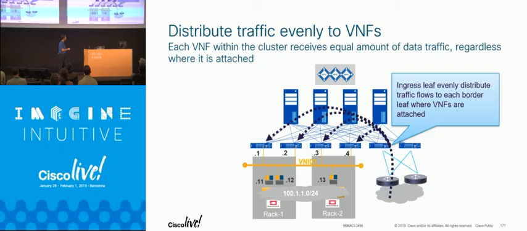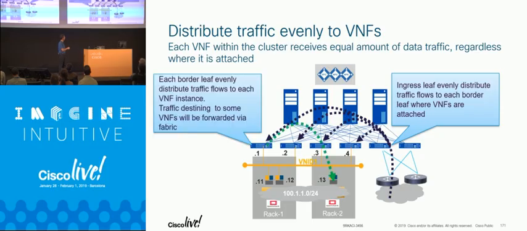The L3 out will be load balanced to a different leaf component, and then from the leaf it will eventually load balance to a VNF, and that can keep increasing or decreasing depending on the demand that you are having.